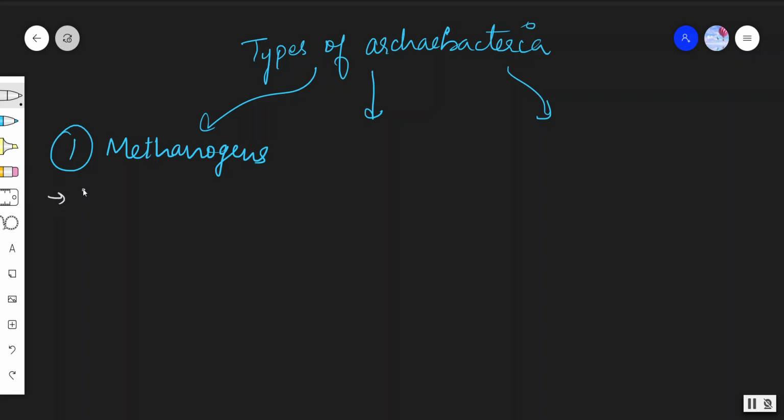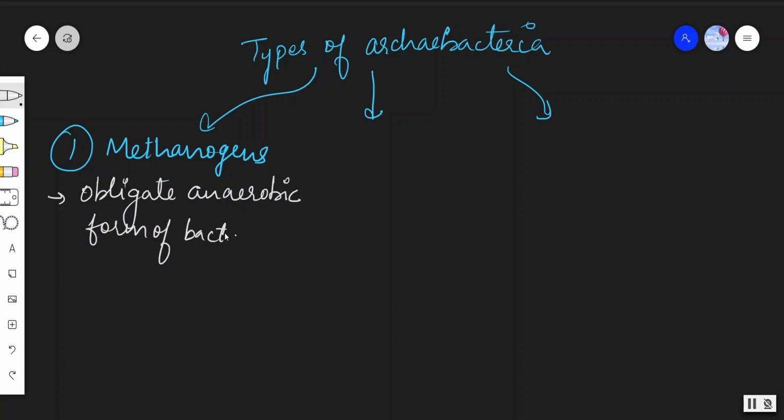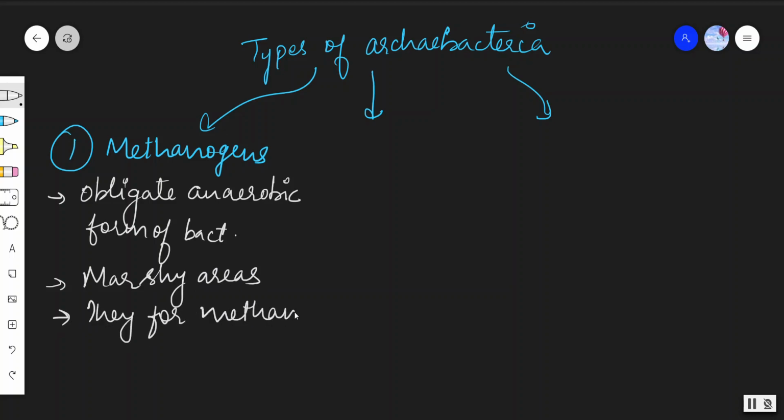They are obligate anaerobic form of bacteria, and they are present in marshy areas, and they form methane, which is an important gas of biogas.